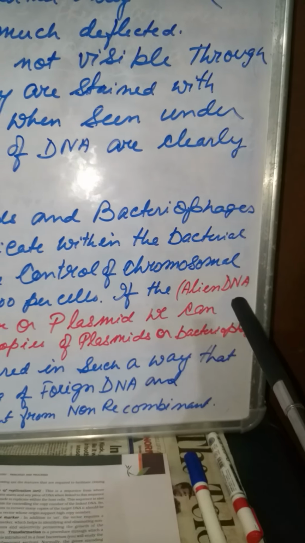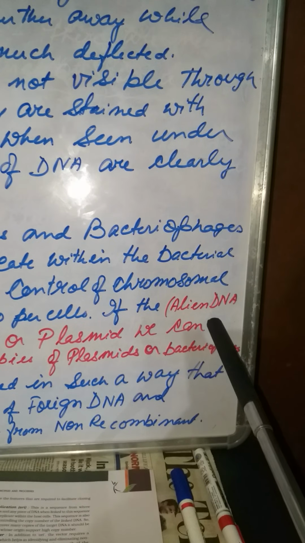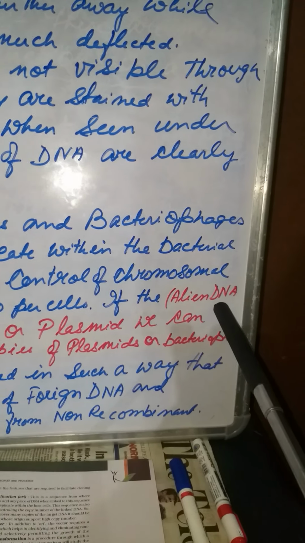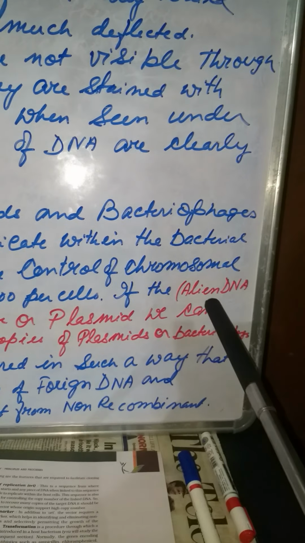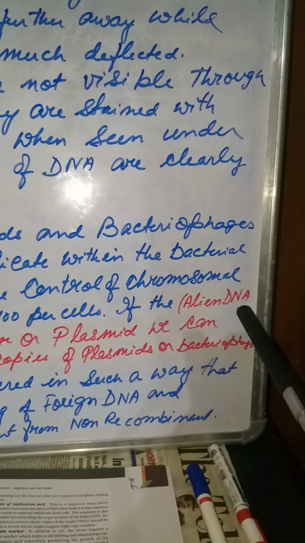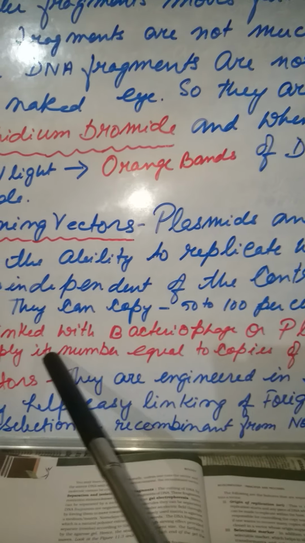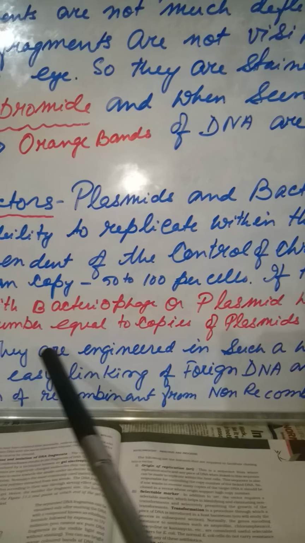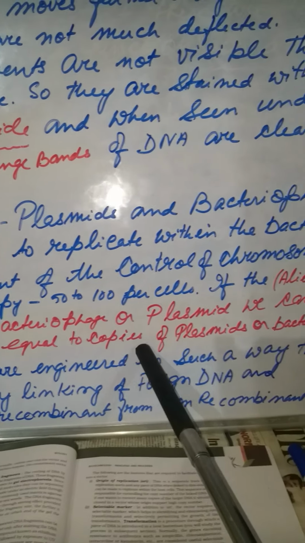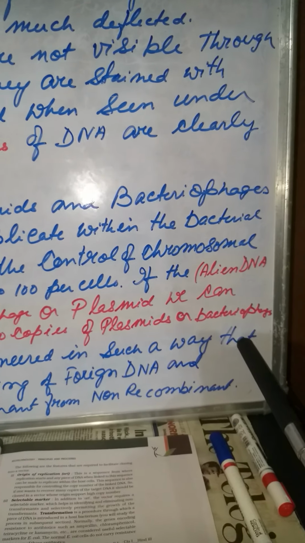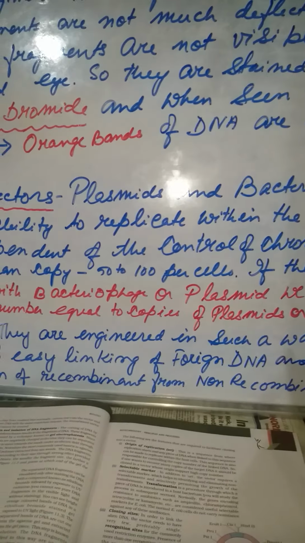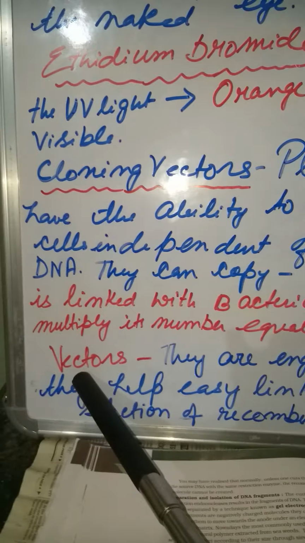So if the alien DNA, or this DNA fragment that is cut off from the required source, is linked with the bacteriophage or the plasmid, then we can multiply it with an equal number of copies of the plasmid and bacteriophage. So for that a vector is used.